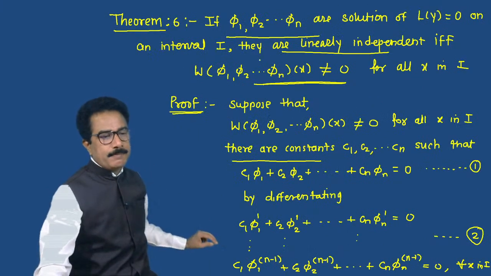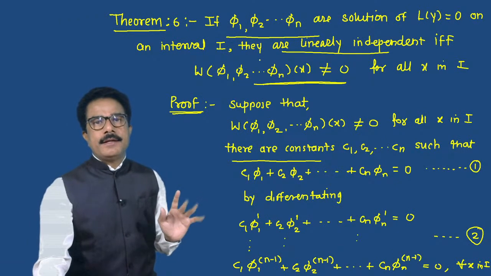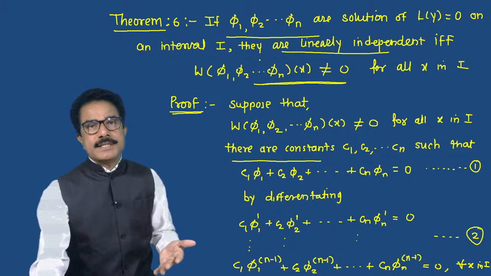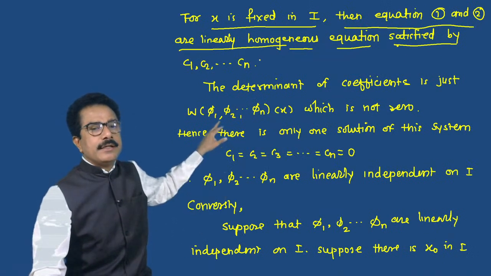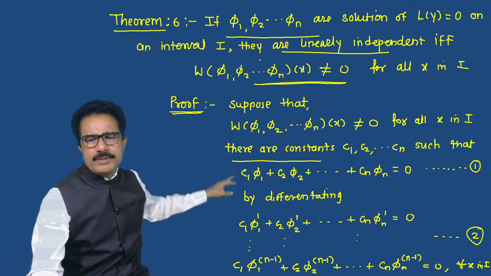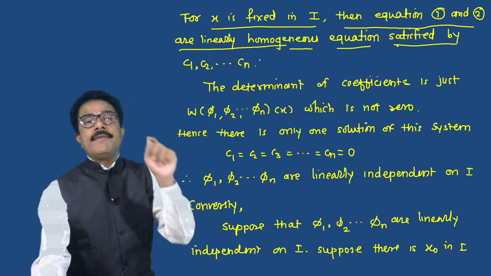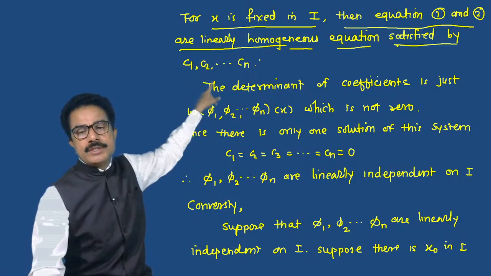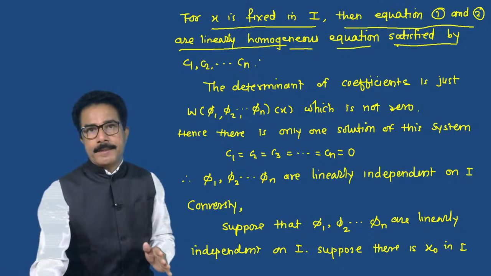Suppose that we consider x is fixed, x is a particular point, so it becomes a constant. Then the system of equations 1 and 2 becomes a homogeneous system, which is satisfied by the unknown constants C1, C2, C3 ... Cn, because we have considered x is fixed.